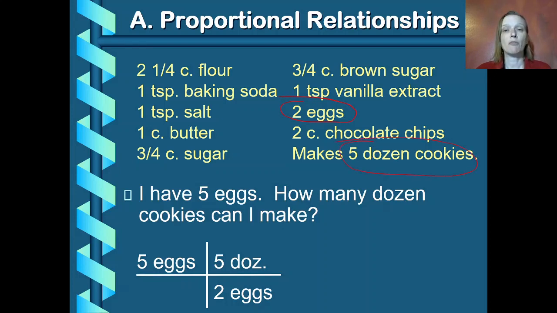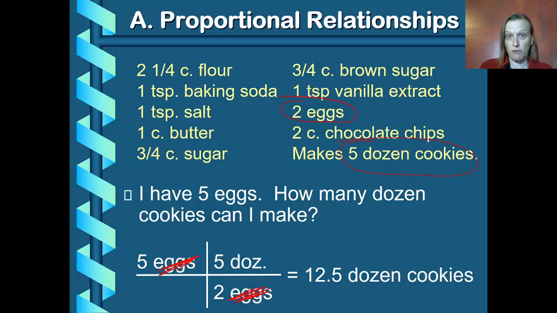So I pick out the parts of the recipe that I need to make this ratio and use it as a conversion factor. 2 eggs makes 5 dozen cookies. I put eggs in the denominator because that way my units cancel out, and I have dozen in the numerator, and I end up with 12.5 dozen cookies.